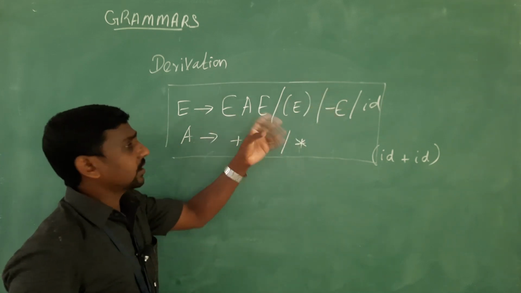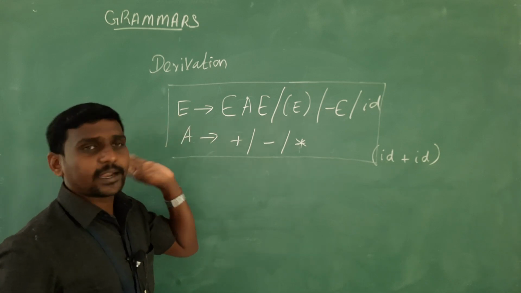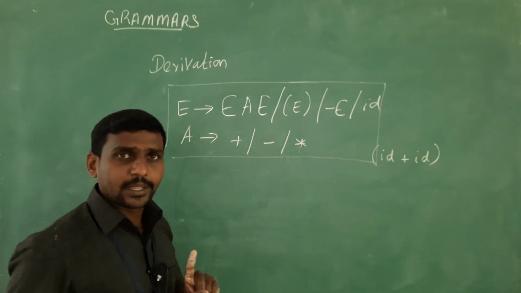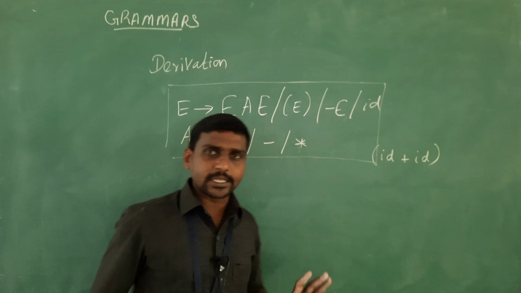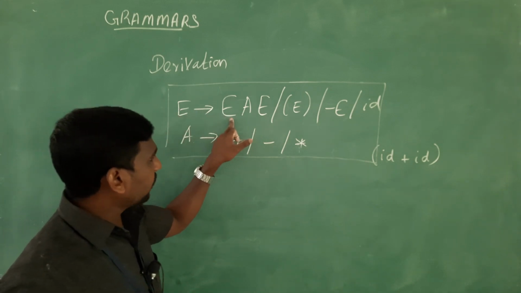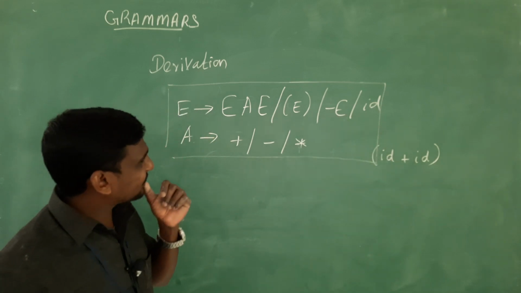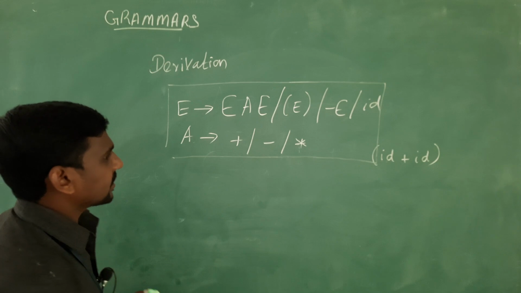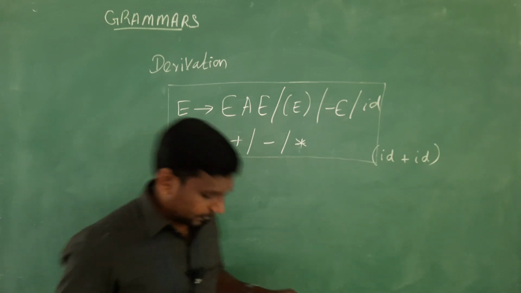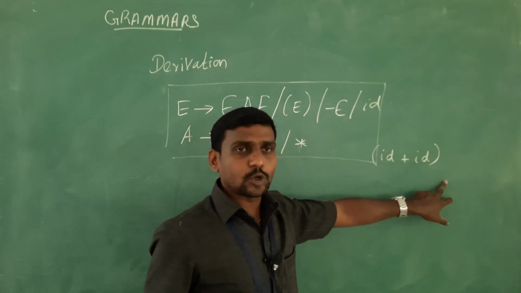From these 4 productions, any one production you can expand, because first you have to expand a start symbol production. Start symbol is E. For E, how many productions we have? 1, 2, 3, 4 productions we have. Clear? Okay, so expanding the start symbol until a given string is reached. And now you check the output, (ID + ID).